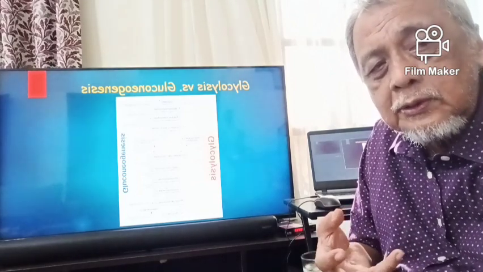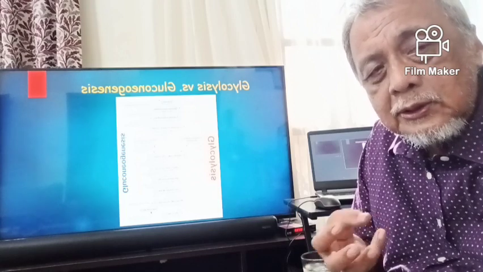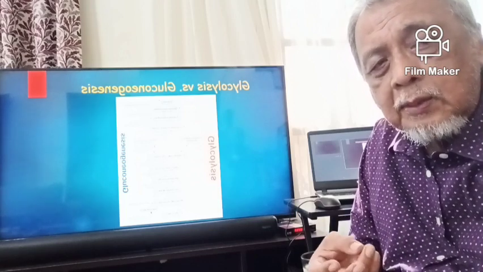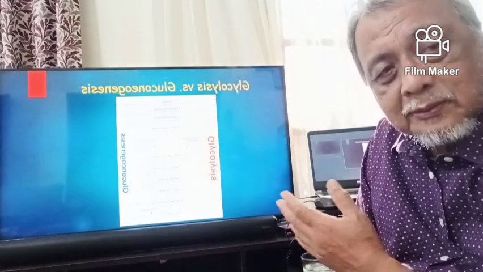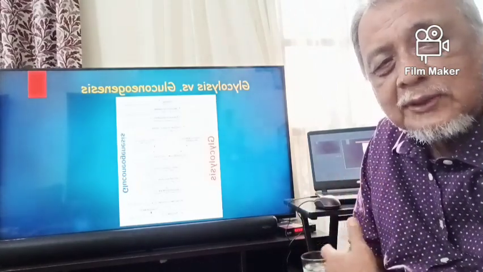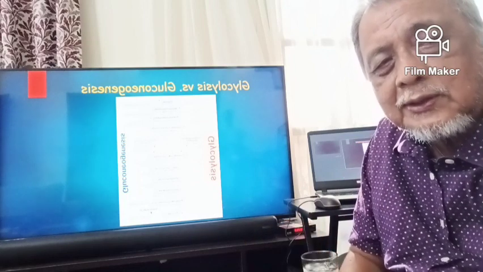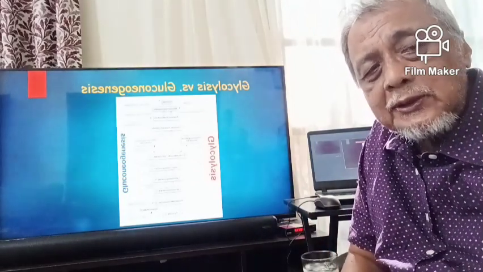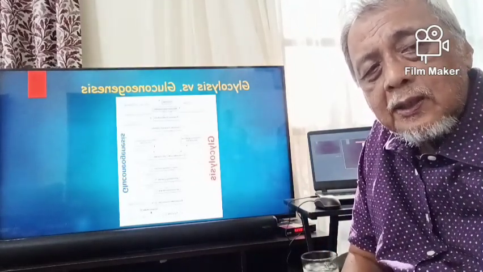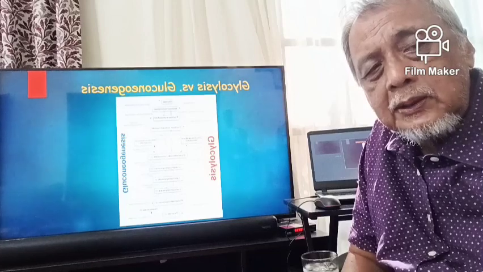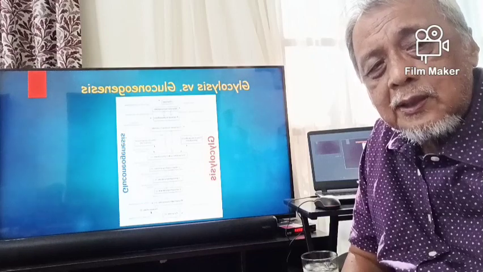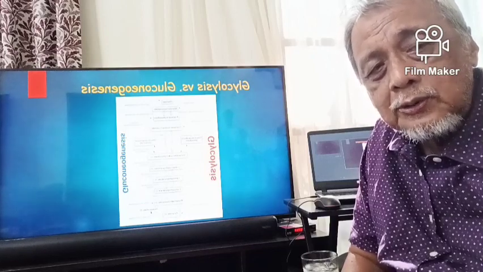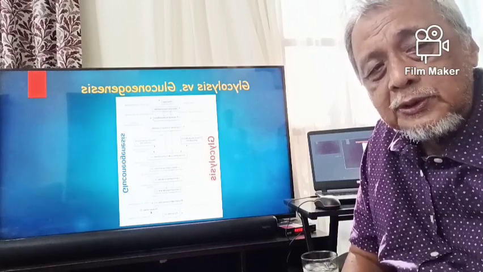And these include the human species, the monogastric animals like pigs. So they use glycolysis more often than gluconeogenesis, which means that after glycolysis and there is an abundant supply of glucose in the blood, it is glucose that is directly used by the cells to produce energy.